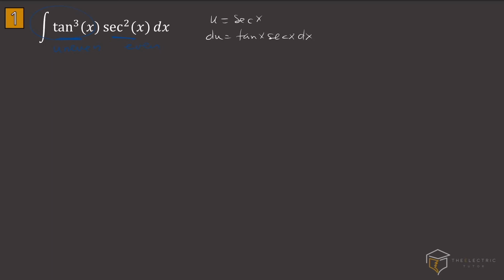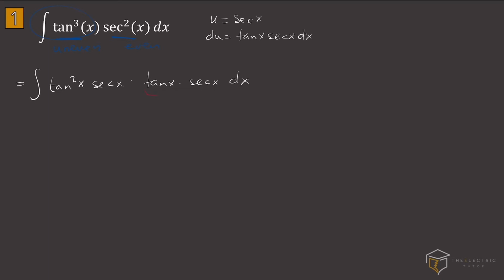What did we do for this particular case? Well, we need one of those tangents outside as well as one of the secants, correct? So we can rewrite this as tangent squared x times secant x, one of the tangents to the outside, one of the secants to the outside, dx.